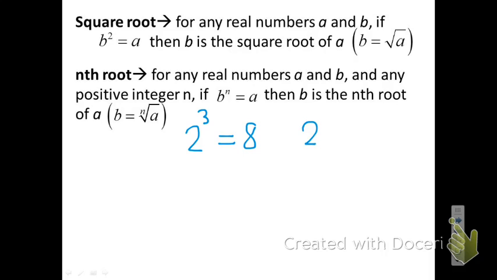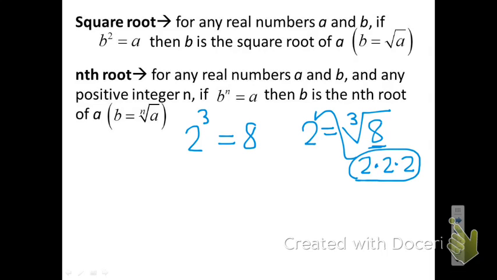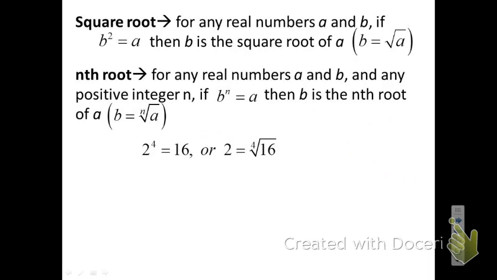I can say 2 equals the cubed root of 8. So what that says is if I can break 8 down to 3 numbers that multiply to be 8, in our case 2 times 2 times 2, 3 of the same numbers, so it takes 3 2's to bring 1 out.